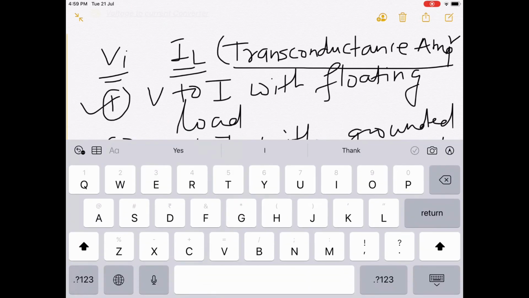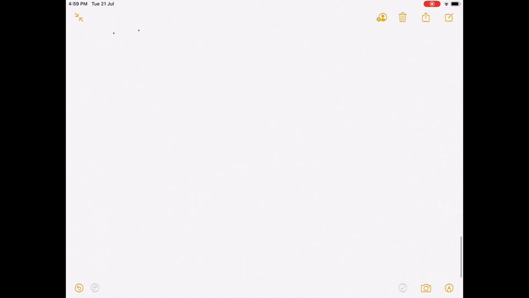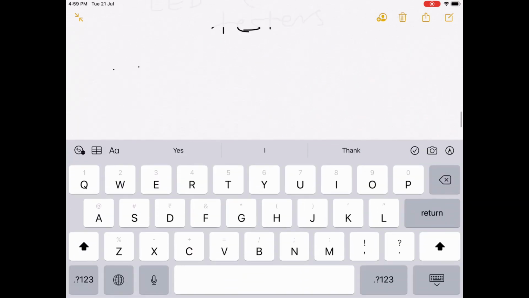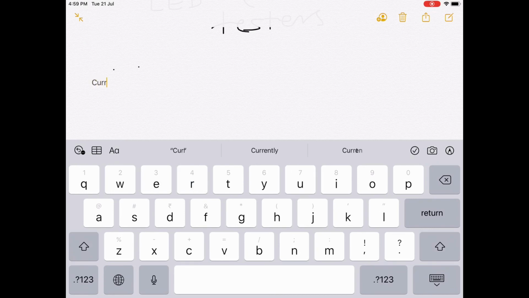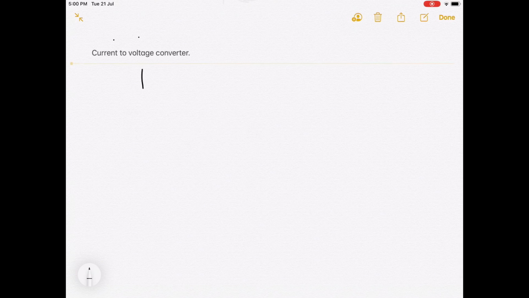This output current from photo devices can be converted to voltage by using this current to voltage converter. For such applications we can use a current to voltage converter. It is also known as a transresistance amplifier.